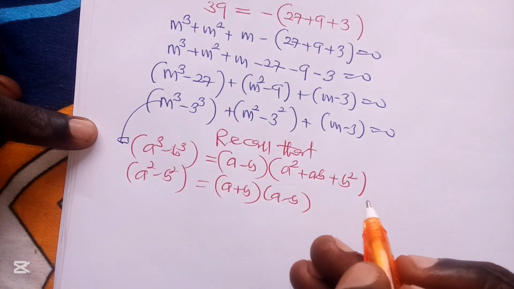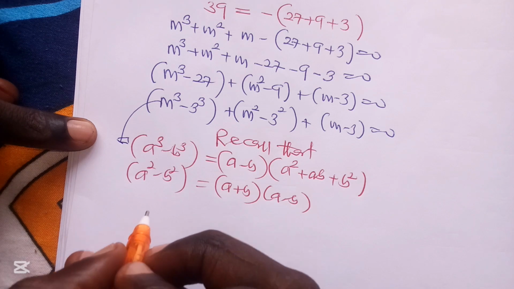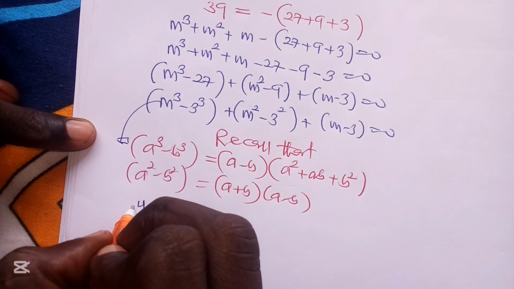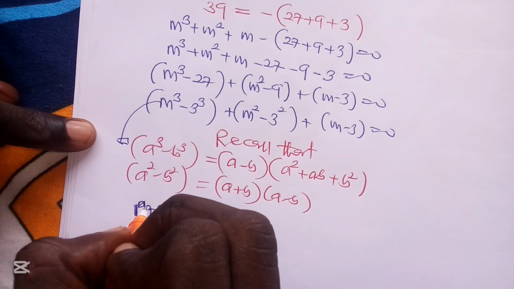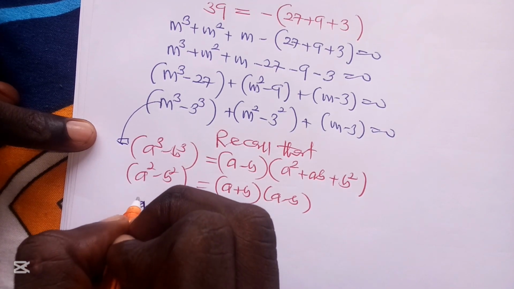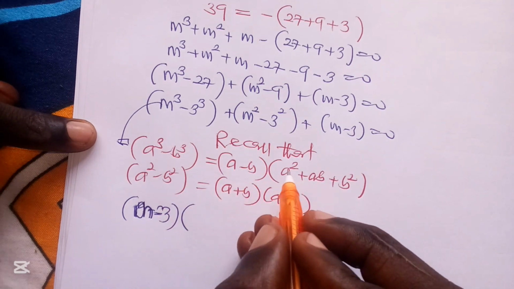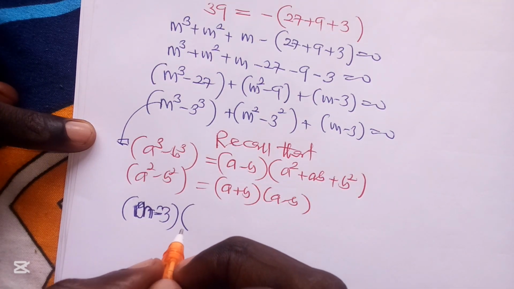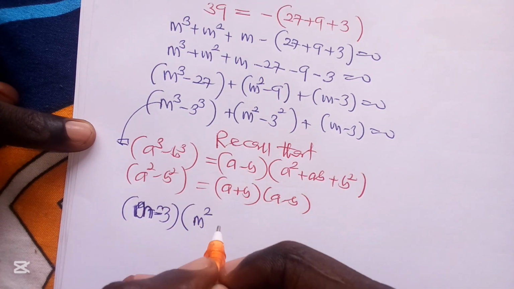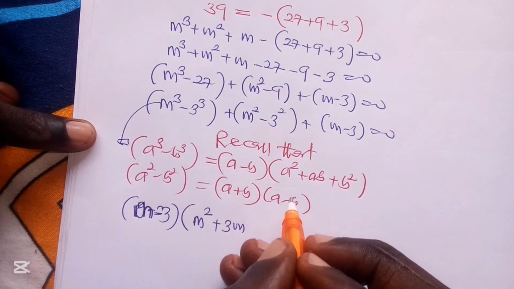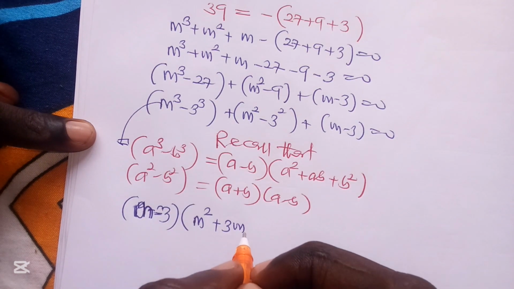Let's substitute and see what we are going to have. Here a is m and b is 3, so we have m minus 3 into m squared plus 3m, and b squared gives plus 9.